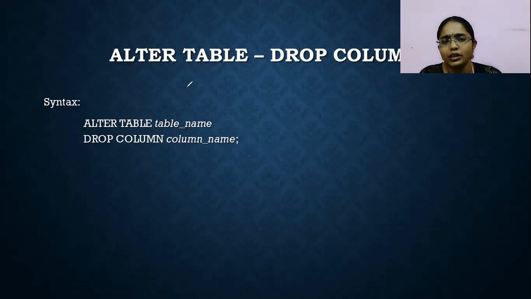So you can notice that alter, modify, alter, drop, all those things work together. Each and everything is not working independently; each and everything is working together. Here look at it: alter table, table name, drop column followed by the column name. You're supposed to mention which one you're going to drop. So this is a very important one. So we'll move on to the next one with the example.